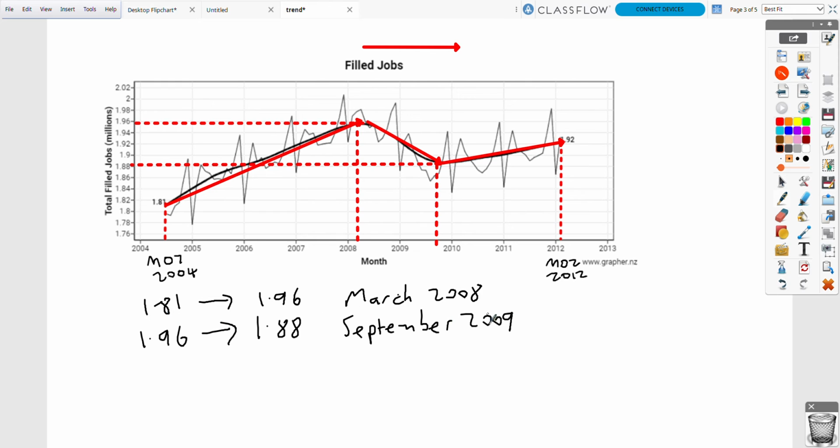So I'll be typing this up as a paragraph, not as I've written it on my screen here, but describing what is happening.